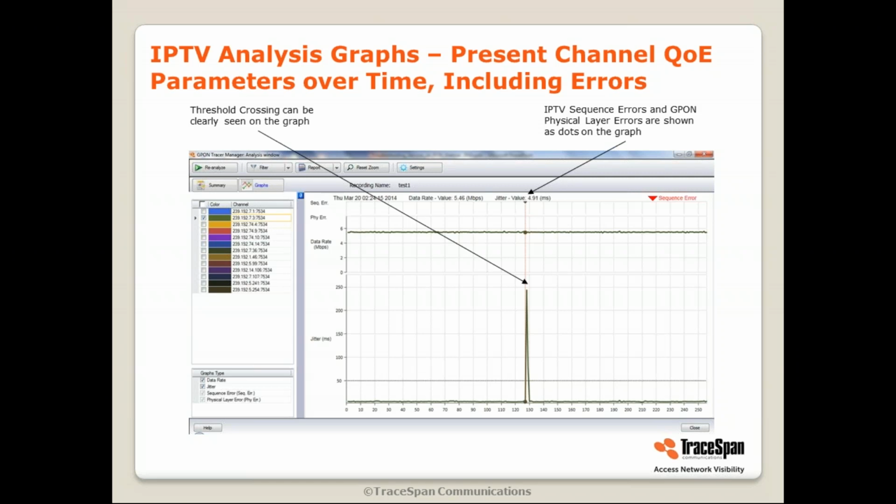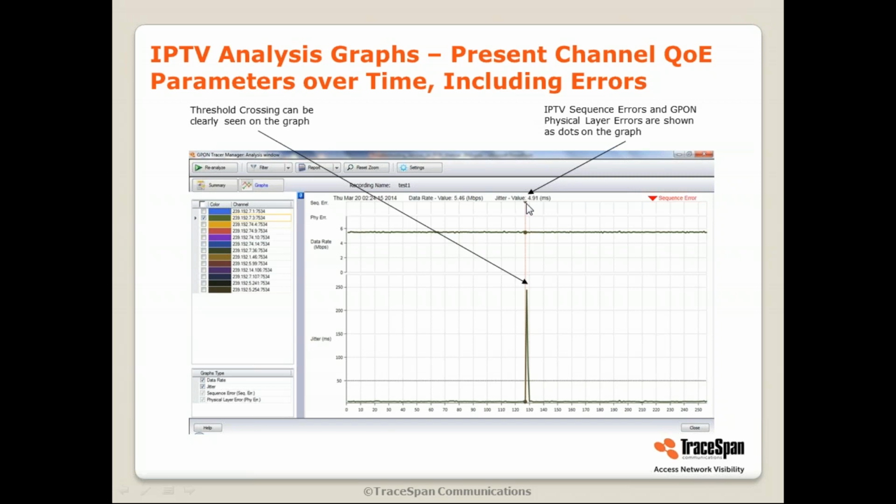Here is another example. In this example, you're seeing a peak in the jitter of one of the channels, and you can look at the channels one by one. Actually, what happened here is that all the channels looked okay most of the time, but had a peak in jitter with a sequence error at a specific point in time.